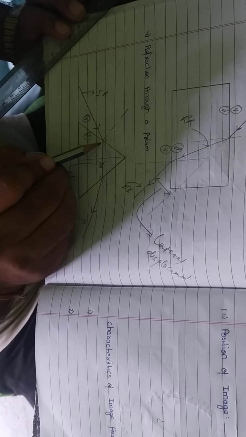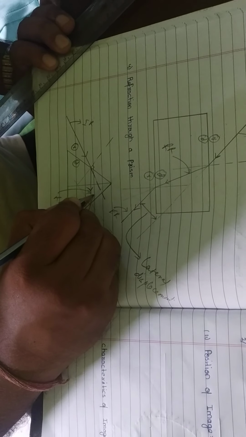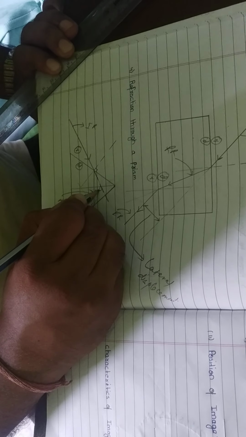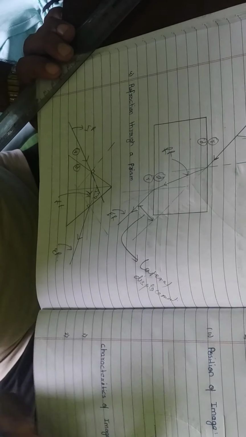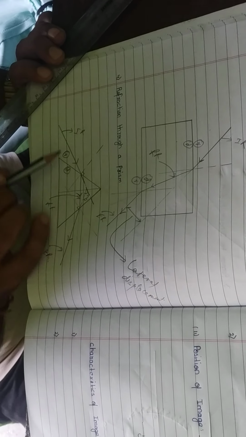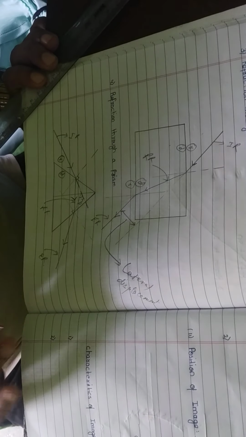Remember, when the incident ray is produced forward and the emergent ray is produced backward, an angle is formed over here which is known as the angle of deviation. So the angle of deviation is the angle formed by producing the incident ray forward and the emergent ray backward.